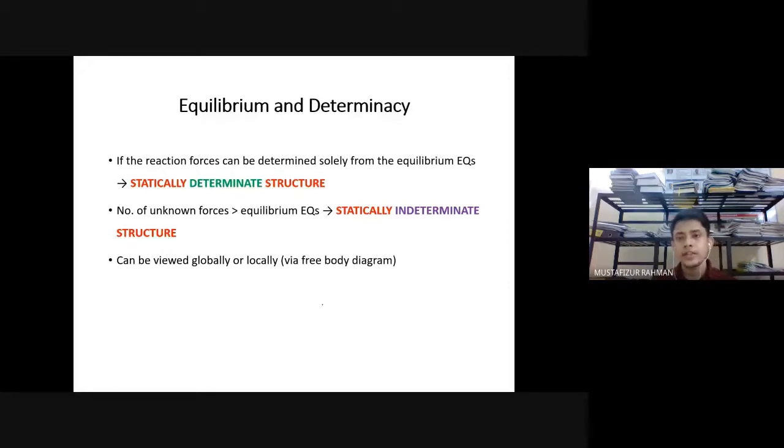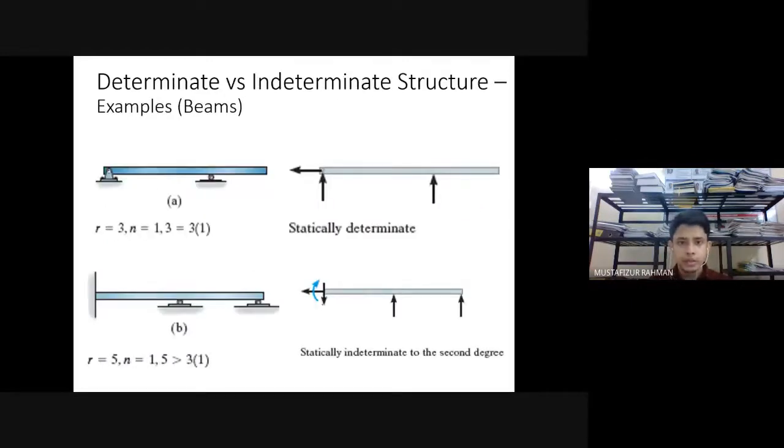Then degree of indeterminacy will be 5 minus 3. So it is statically indeterminate of degree 2. Similarly for other numbers of unknown forces. Okay, this is for the simplest case. But what will happen if the unknown forces are less than 3? Okay, we'll see. Before that, another example.